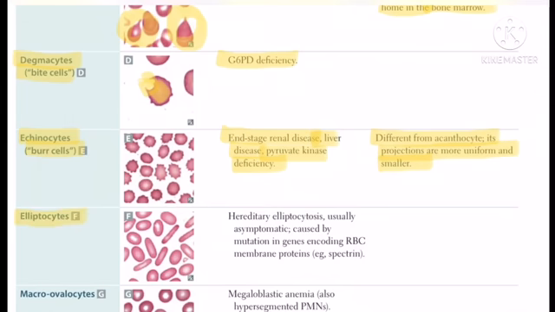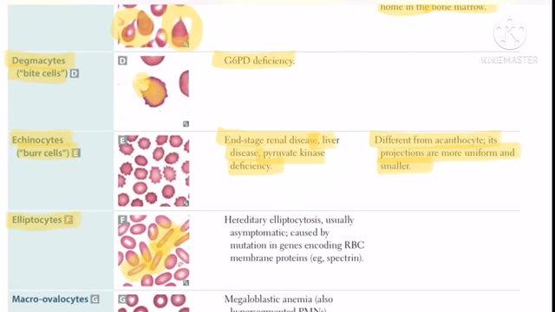So the next one is the elliptocyte. We can see it in conditions like hereditary elliptocytosis, usually asymptomatic, caused by a mutation in a gene encoding an RBC membrane protein, that is spectrin.